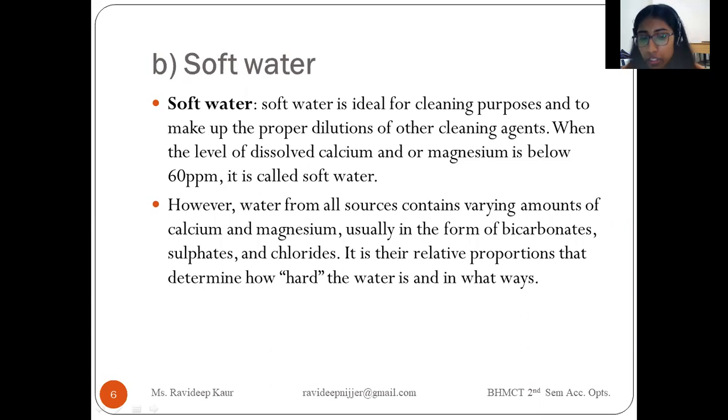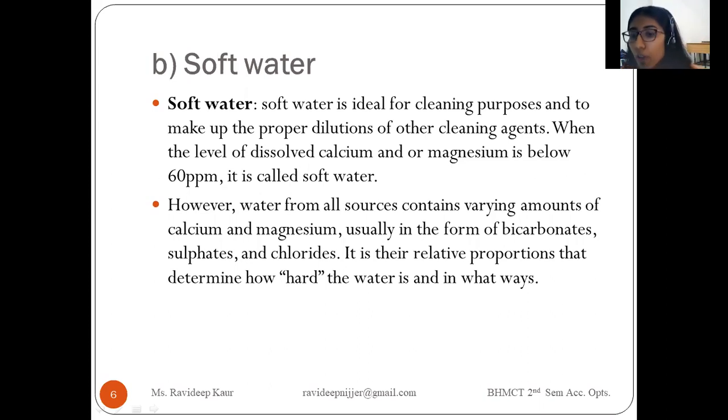I have told you that in hard water the content of magnesium or calcium is above 60, but for soft water the range is below 60 ppm.